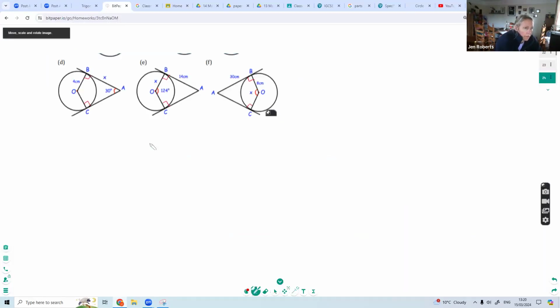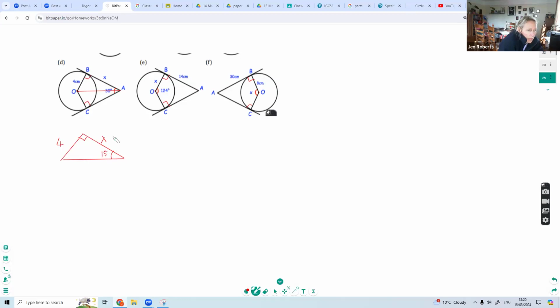Okay, so here. Now, for these ones, we're going to need to split them. I remember telling you they're symmetrical. We're going to split them to get a right angle triangle. And now, can you see? If I take out my triangle, there's my right angle. There's my 4. There's my x. But that's half of 30, isn't it? So that angle there is 15.